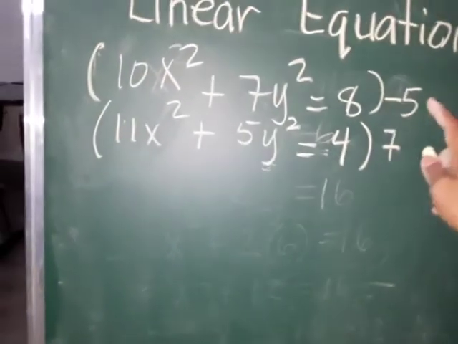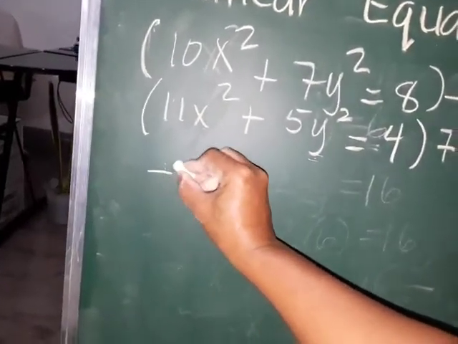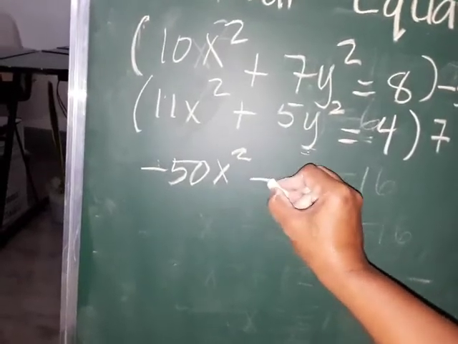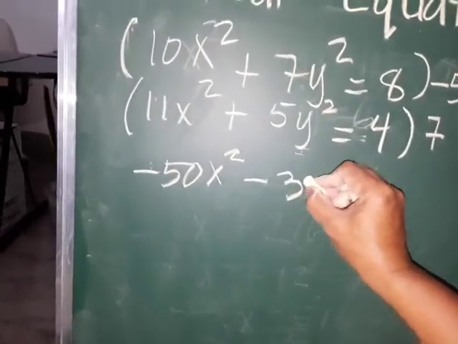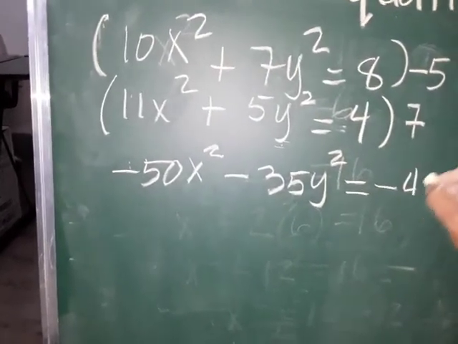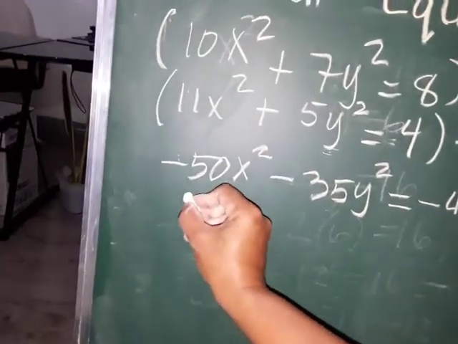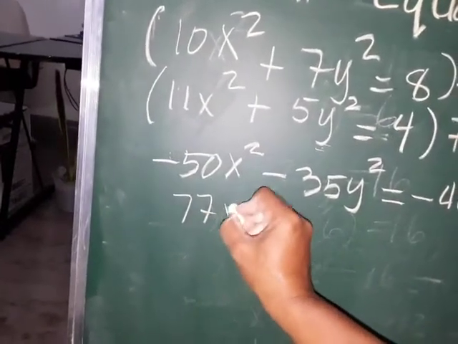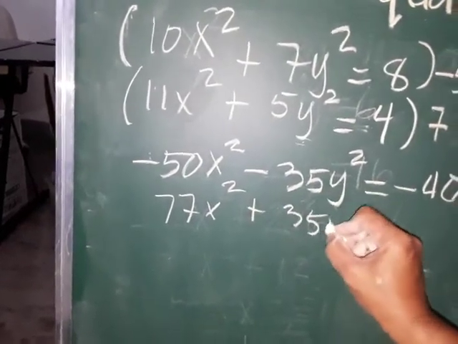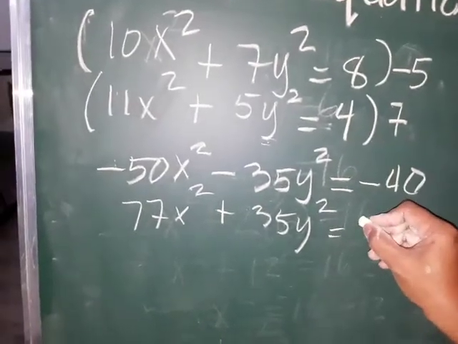Let's start: negative 5 times 10x squared is negative 50x squared minus 35y squared is equal to negative 40. Next, 7 times 11 is 77x squared plus 35y squared is equal to 4 times 7, which is 28.